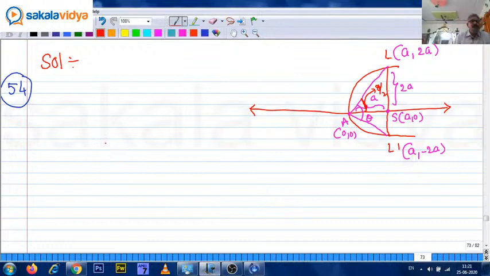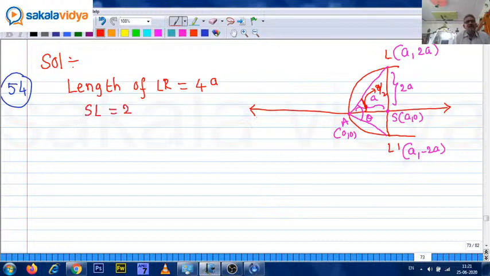Now write down length of latus rectum is equal to 4a. Therefore now the distance from SL is equal to half of the latus rectum, 2A.